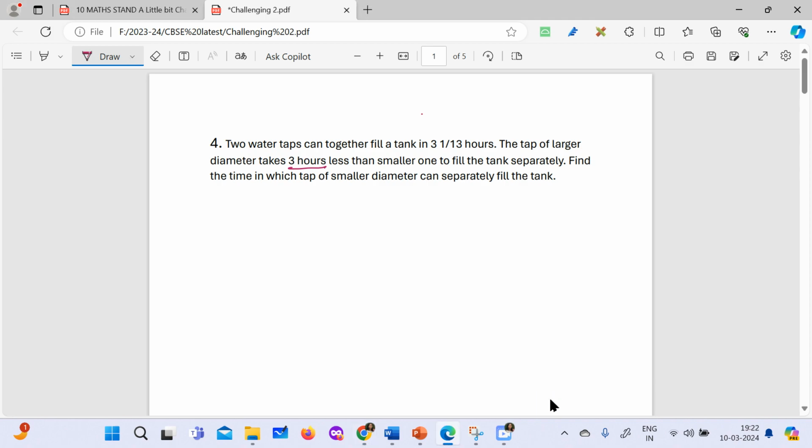So here the larger one takes 3 hours less than the smaller one.